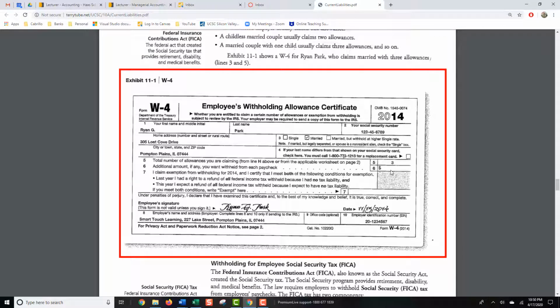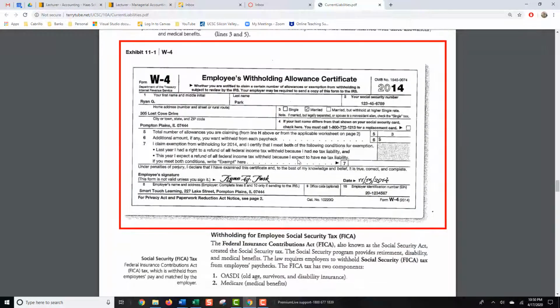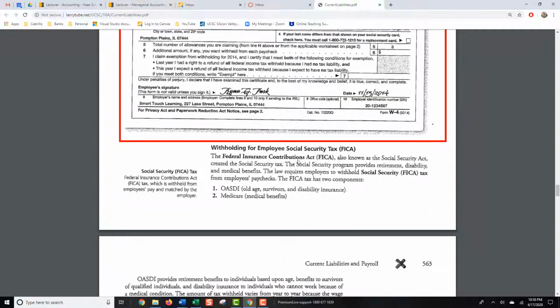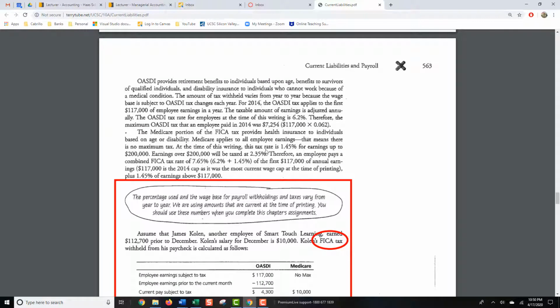Right here on line 5, they'll declare how many people they want you to hold, and up here on line 3, they'll declare whether they're single or married filing. So when you sign up, you'll fill out your W-4 form, and you'll fill out your I-9 to show that you're legally registered, that you're a legal citizen.